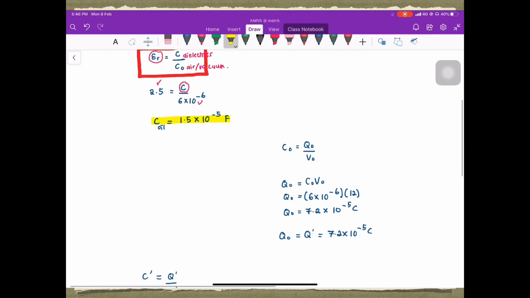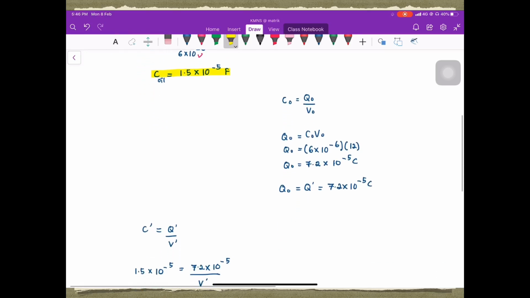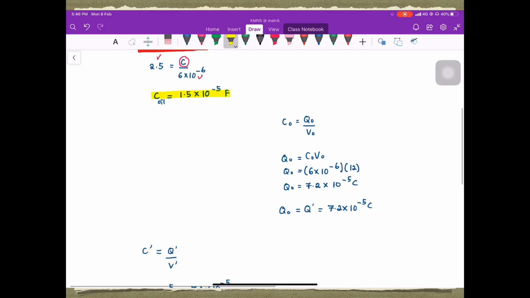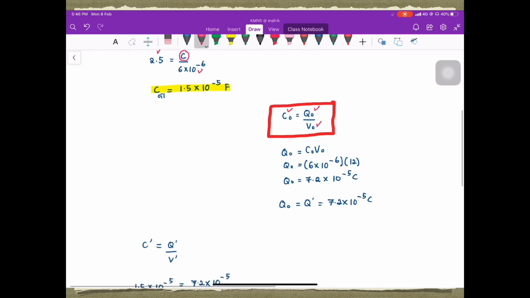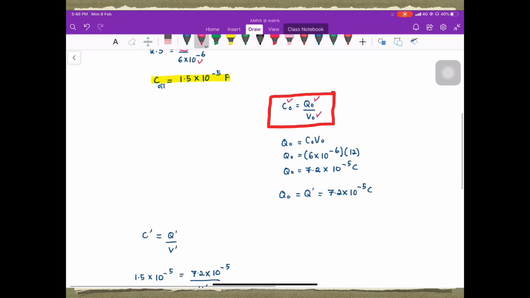After that, we want to determine the new potential difference. Alright, before that, we need to calculate the initial charge. So using C equals Q over V naught, this is the charge in vacuum and the potential difference in vacuum.